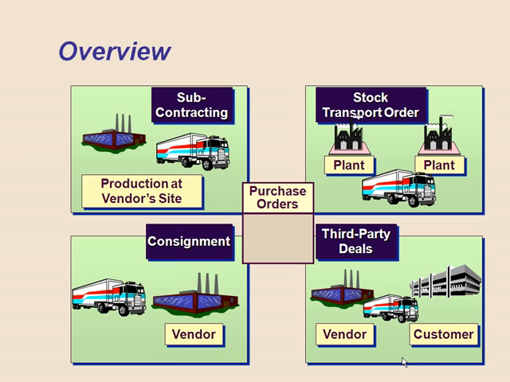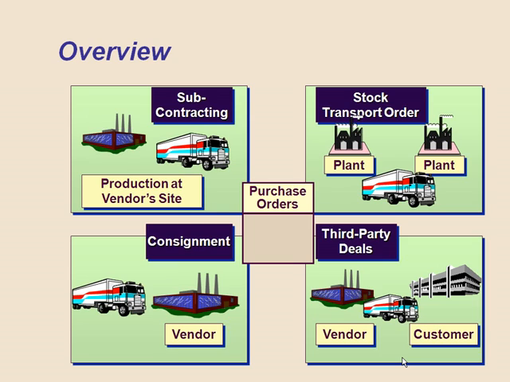Then there is something called third party trade deals or third party order processing. It means what? There will be three parties involved: the purchasing company, the supplier from which you procure the material, and the customer who actually requested the material. So what happens is, the customer approaches the purchasing company, which raises the purchase order on behalf of the customer to the supplier. The supplier delivers the material directly to the customer, and informs the company that he has delivered the material.